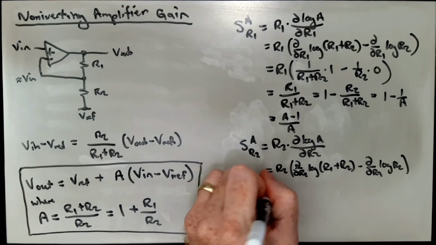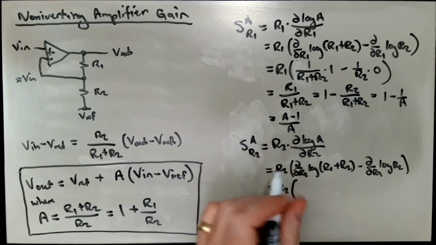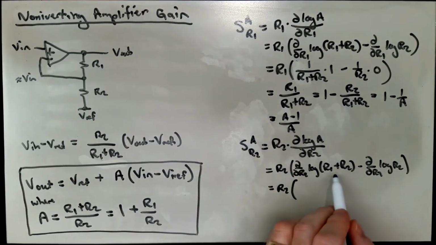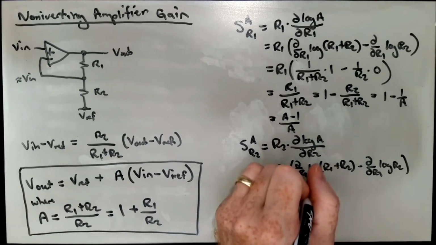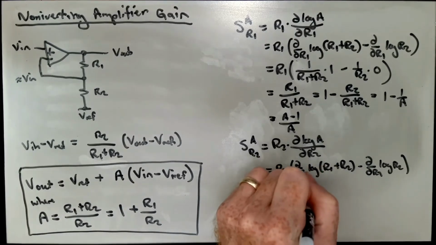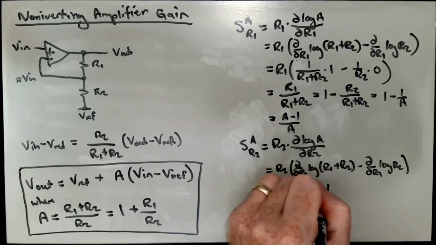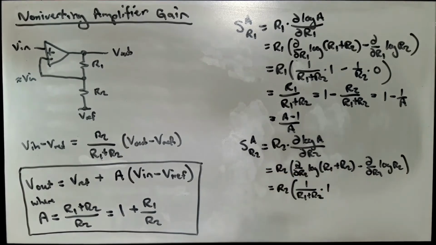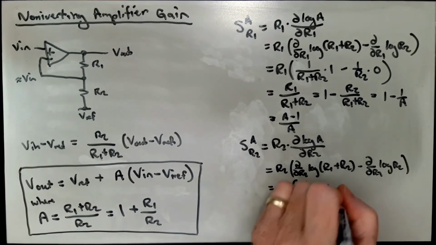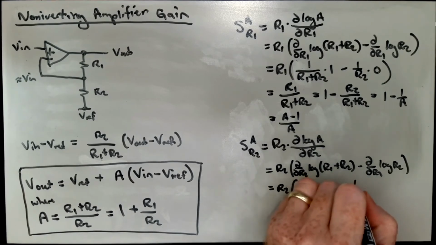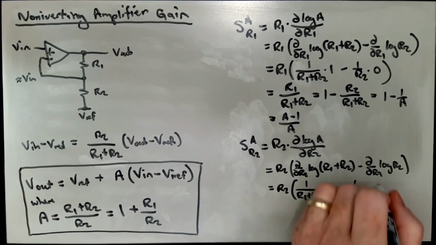So this is going to be R2, and we're going to get 1 over R1 plus R2 again, times 1 for the first term. Then we get a minus 1 over R2, but instead of times 0 now we have times 1.